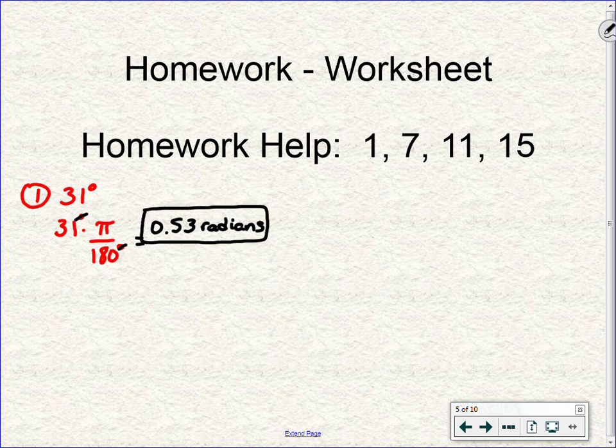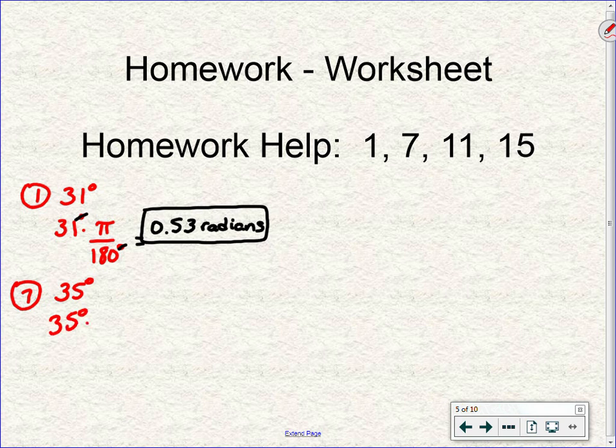So you should be able to finish off the rest of that first section. Number 7 says convert the degree measure to an exact radian measure. Well, circle the word exact. That means I don't want you to do any rounding. So your answer should probably still have a pi in it. So if we're going to start with 35 degrees, we're going to do exactly like we did above.